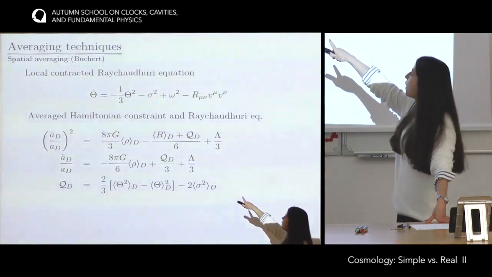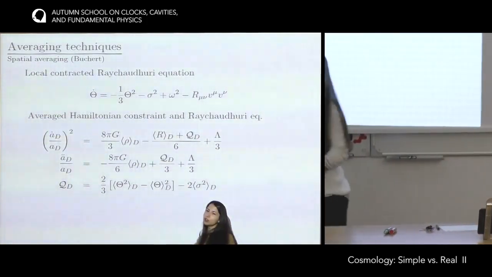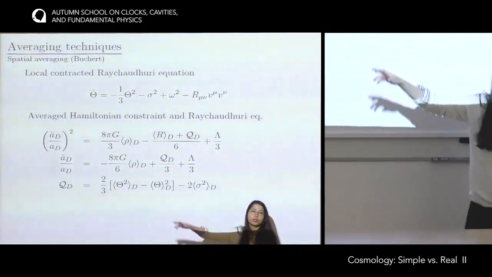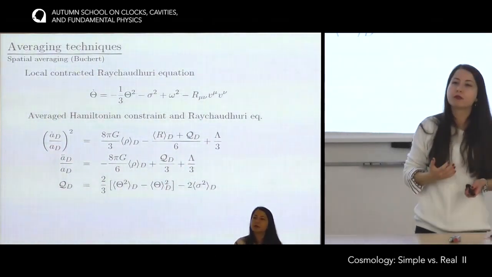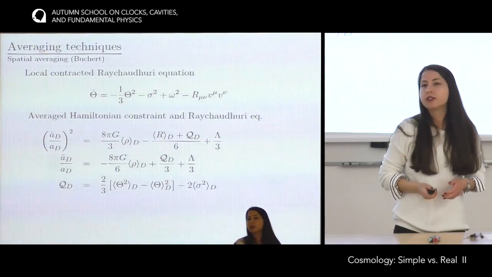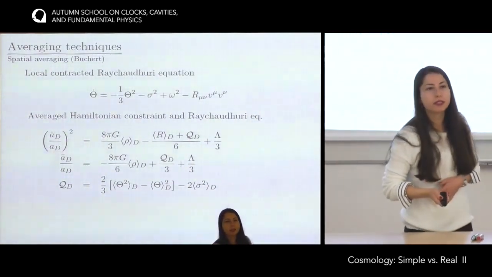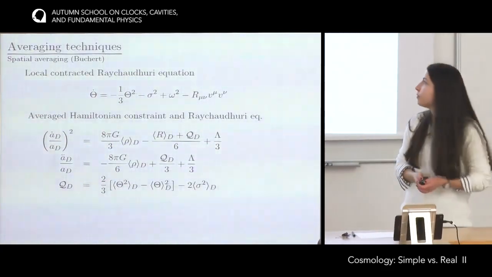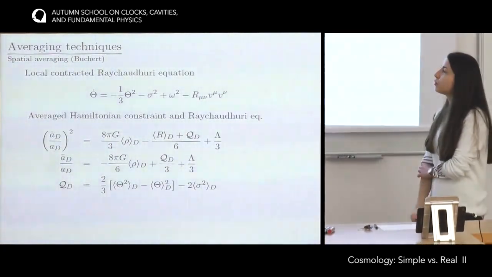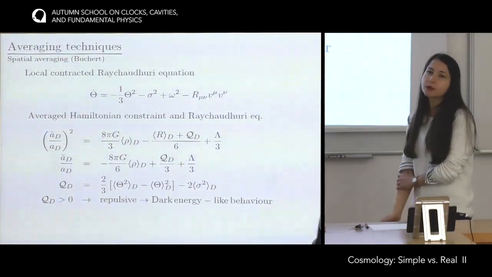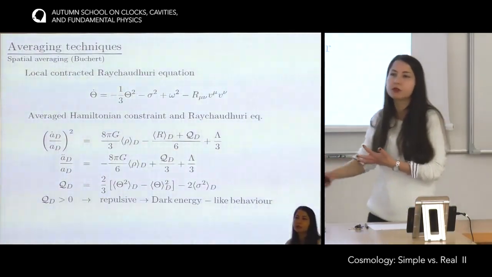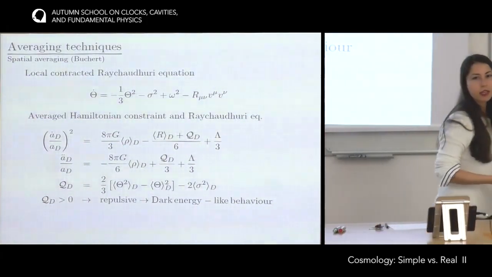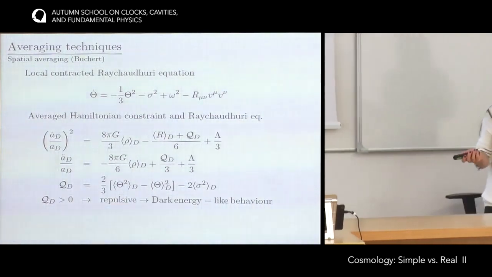If you go and look at the equation, you see that it's doing the same job as lambda. So you can turn off lambda and turn on back reaction, which is coming from this non-local effect of the averaging procedure, and you can create the same effect as lambda without introducing any new modified theory of gravity, etc. That was an important claim, because if this back reaction term, which is popping up due to this averaging procedure, is positive, it has a repulsive effect, and it can work as dark energy.